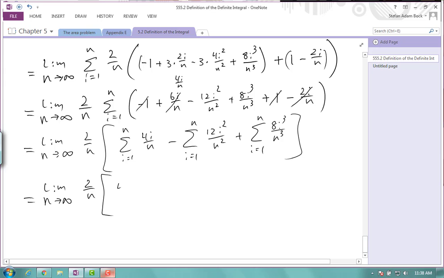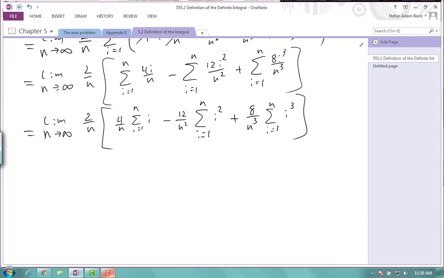So I have 4 over n, sum i equals 1 up to n of i, minus 12 over n squared times the sum of i squared, plus 8 over n cubed times the sum of i cubed, which is a neat function because it actually uses all 3 of those interesting summation formulas.